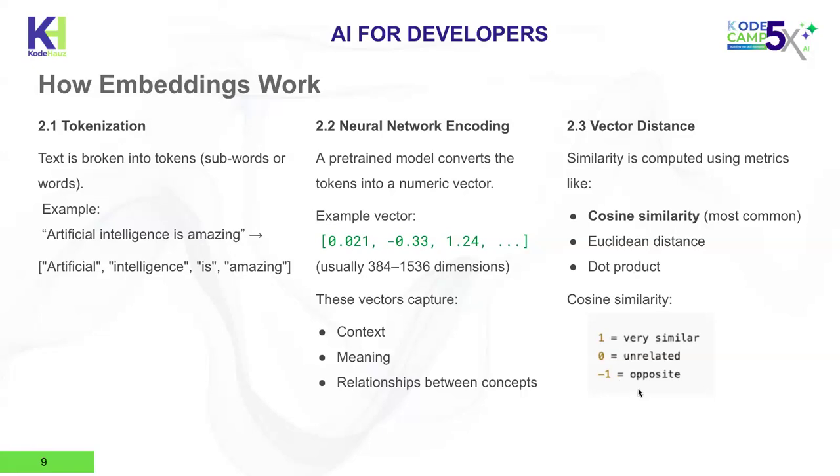While -1 means that they are related, but in opposite directions. For example, if you calculate cosine similarity between man and woman, you get -1. Between man and boy, you get 1. And between man and flower, you get 0.